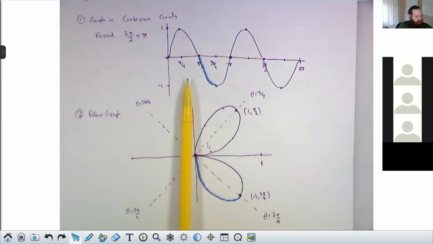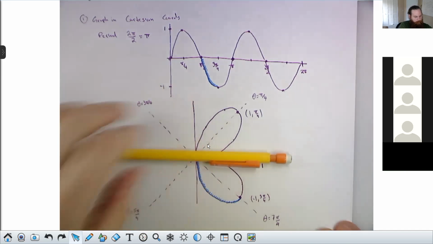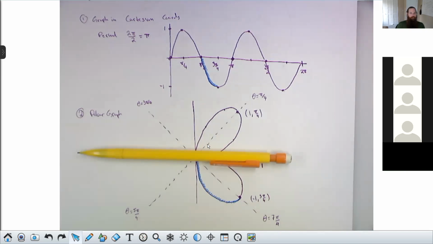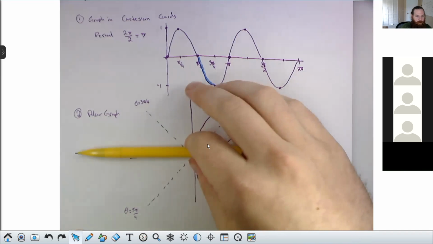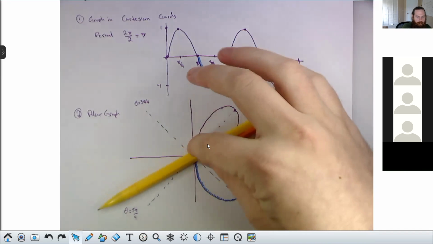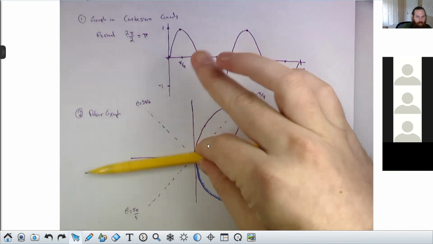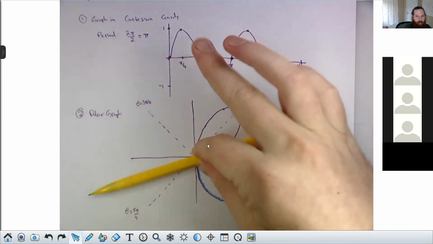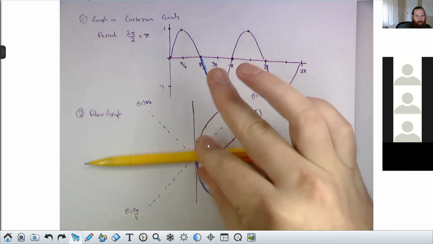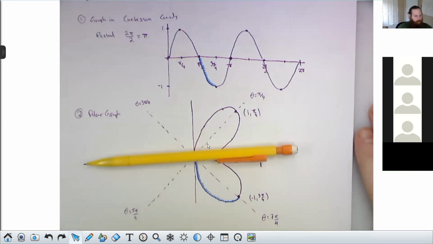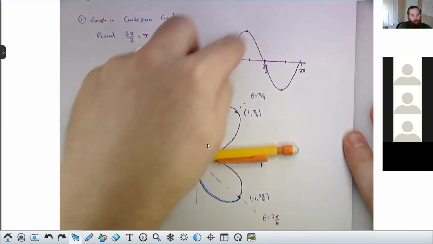All right, so we are here at theta equals pi. If I let this continue to rotate from pi to 5 pi over 4, I expect to be drawing in quadrant 3 down there. And thankfully, r is positive from pi to 5 pi over 4.